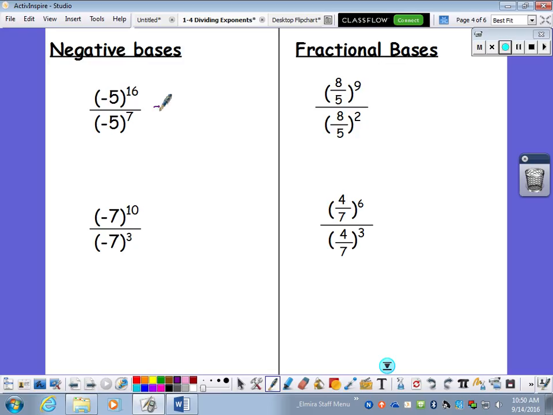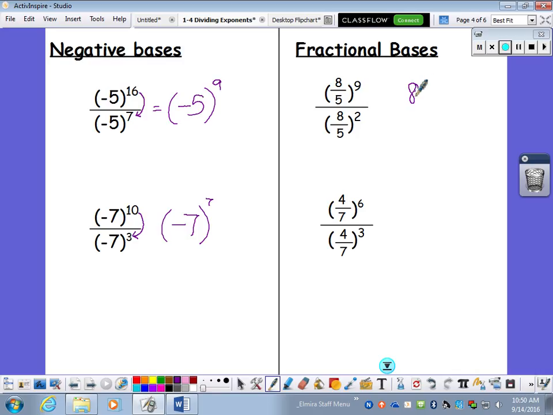So this answer, keep the -5 in parentheses, and then 16 minus 7 is 9. Keep the negative 7 in parentheses, and then 10 minus 3 is 7. Same thing with fractions.